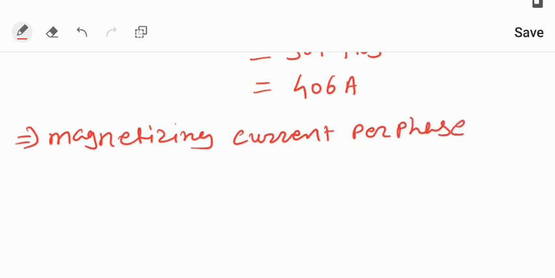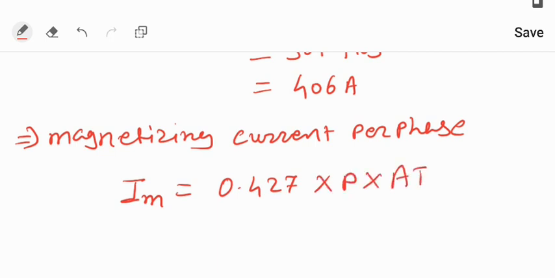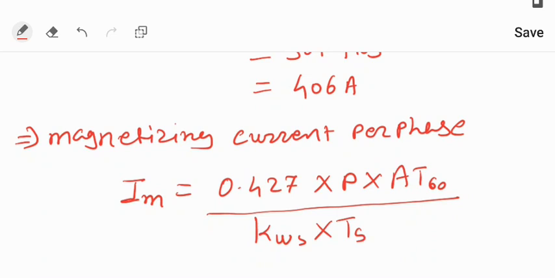The equation for the magnetizing current per phase is Im equal to 0.427 into P into ampere turn at 60° into gap contraction factor into number of stator slots. All the values we now have.